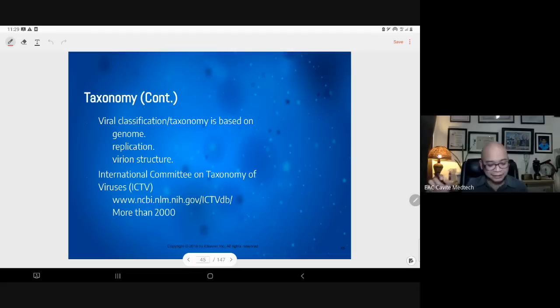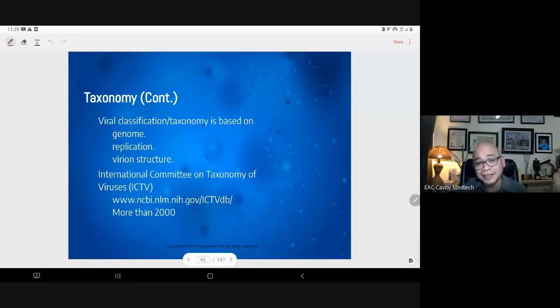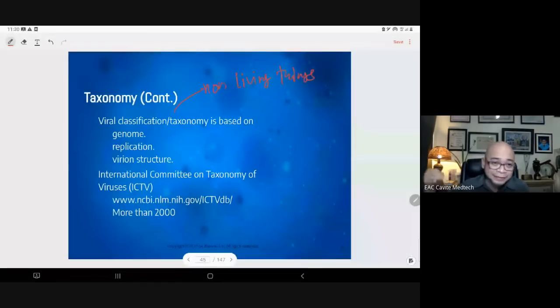Moving further, for viruses, it's quite difficult to classify them in Carl Woese's domains. Why? Viruses are non-living things. So we cannot identify viruses in archaea, in eukaryota, or in bacteria.